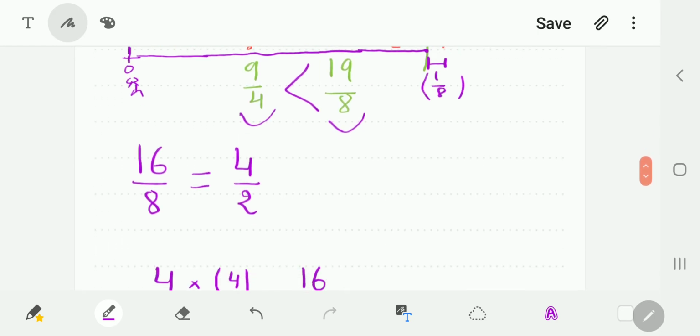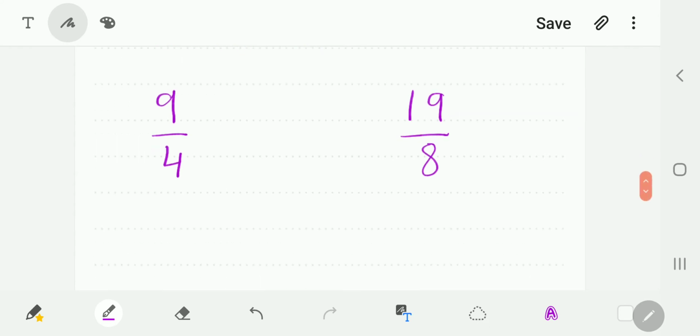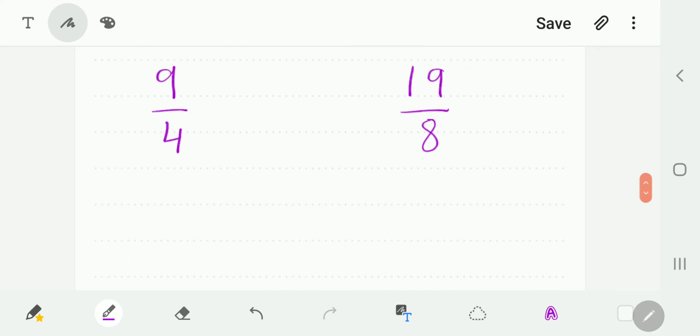And then we can do the same thing for 9/4 and 19/8. We did this before, and we figured out which one is bigger with the number line, and then it takes some time. But we can do that quicker by just changing one of the fractions.